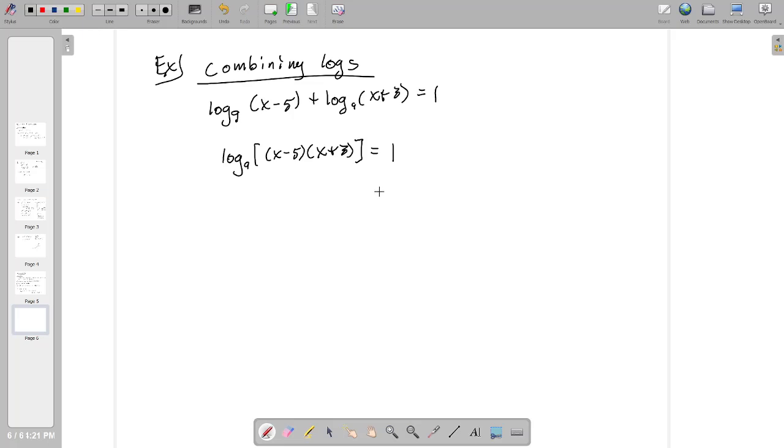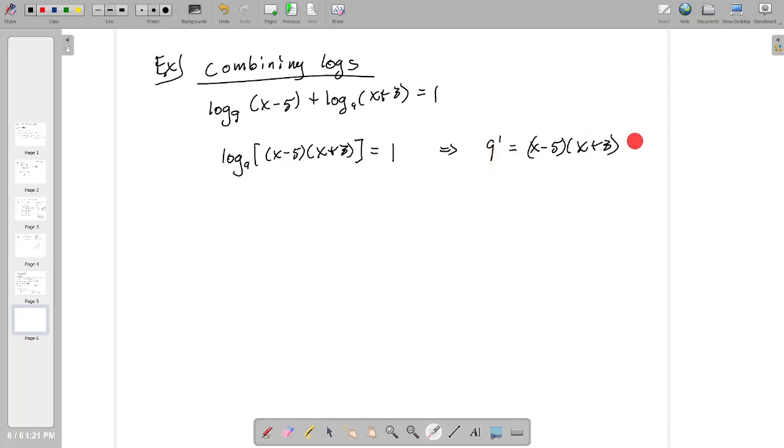Now we change it to its exponential form, so 9 to the first power is going to equal (x minus 5) times (x plus 3). 9 to the first is equal to (x minus 5) times (x plus 3). We FOIL this out because we need to get this equal to 0 somehow.